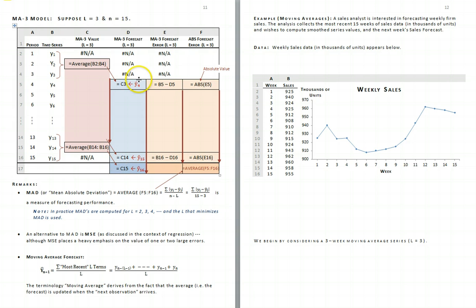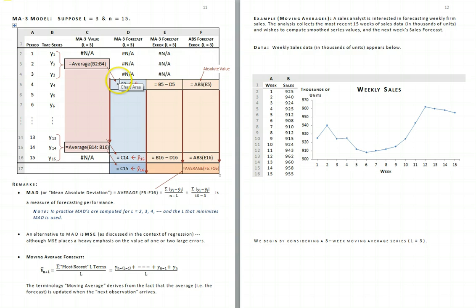So, the first MA3 forecast value would be associated with period 4, and that first MA3 forecast value would be the average of the first 3 actual series values.